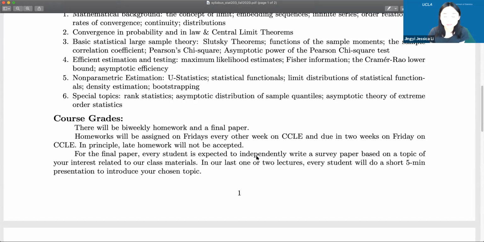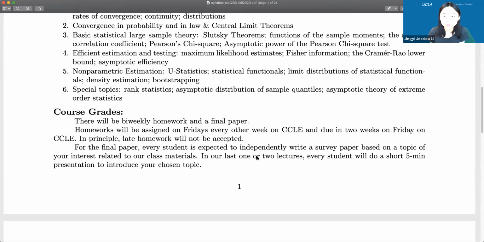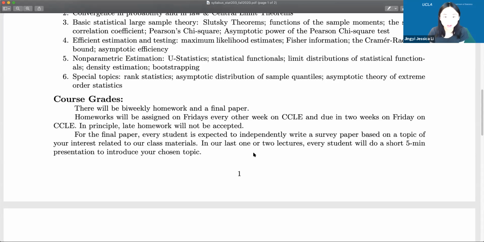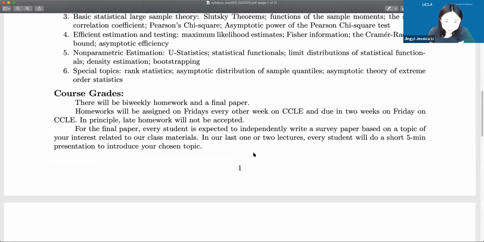But if this is something new to you and you want to use handwriting, we will also accept that. Just make sure that when you scan your handwriting, you scan it clearly, so the reader who will grade your homework can really see what you write.